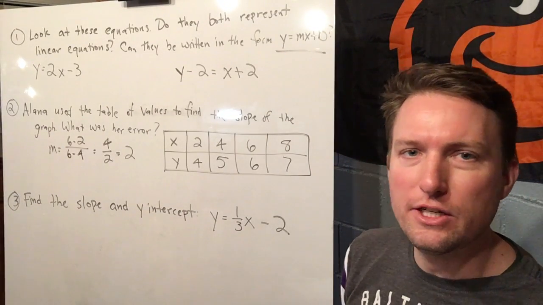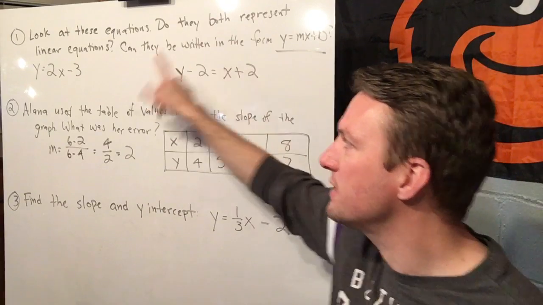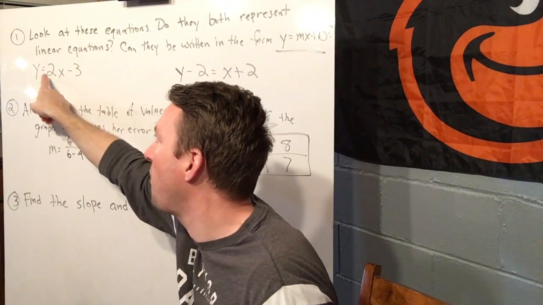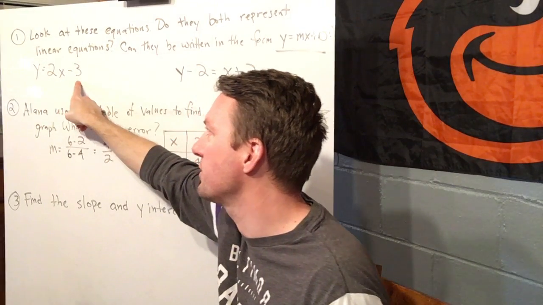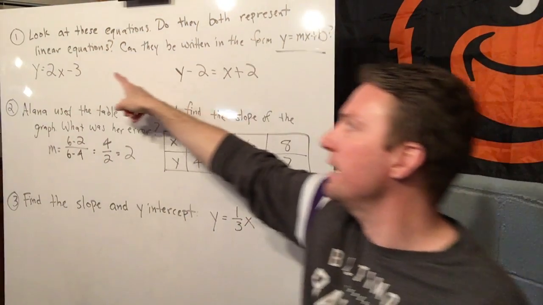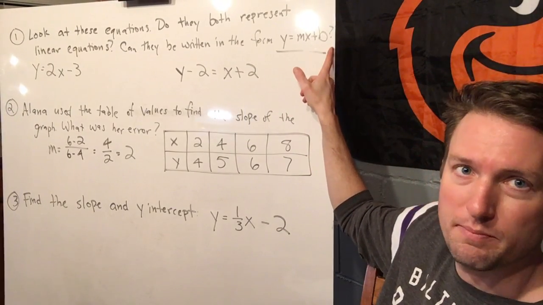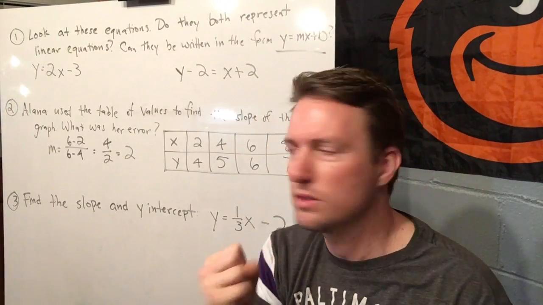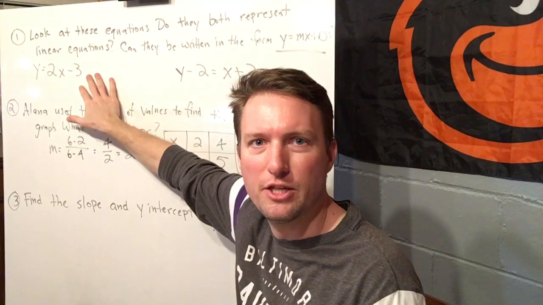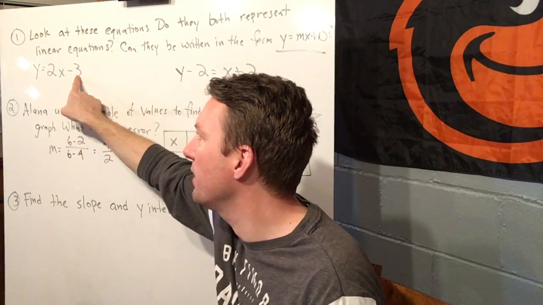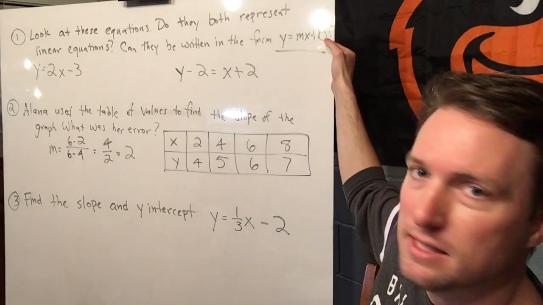Now, what we need to do is just move these things around. If you look at this equation, this is very similar. You have y equals 2x minus 3, and we're trying to turn this equation into y equals mx plus b. You're so close. Now, how can you turn this equation into this equation? Well, here we have minus 3, and here we have plus b.